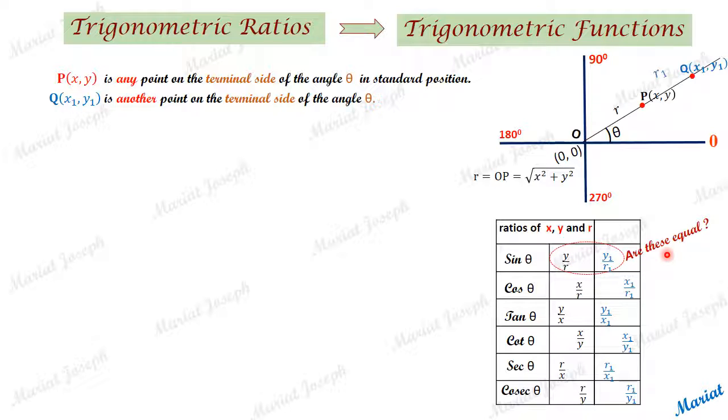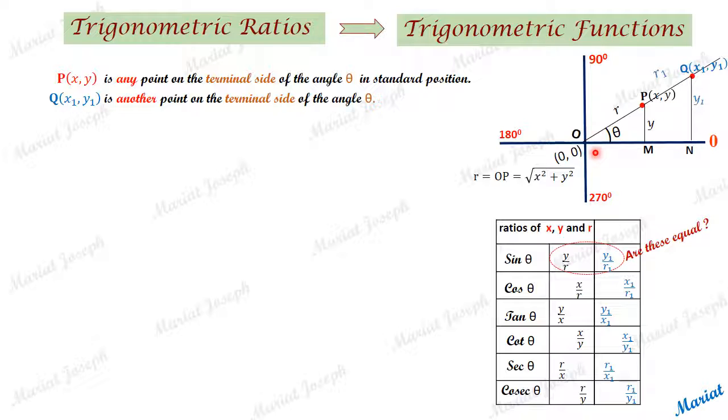Let's see. To know that, let's do a little more construction on this diagram. Drop two perpendiculars, one from P and one from Q, to the x-axis. The feet of the perpendiculars are M and N. Now, as the point P has coordinates (x, y), this vertical distance is y. And this is the y coordinate of the second point, y1, this height.